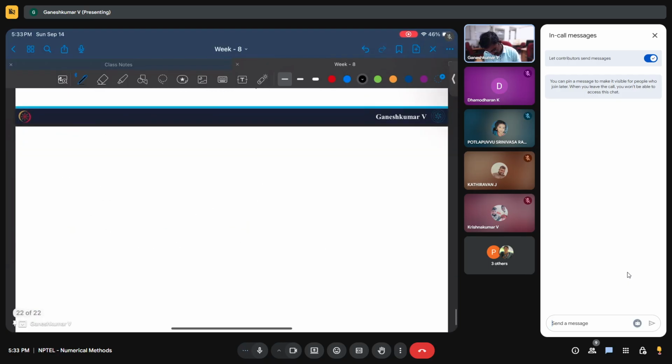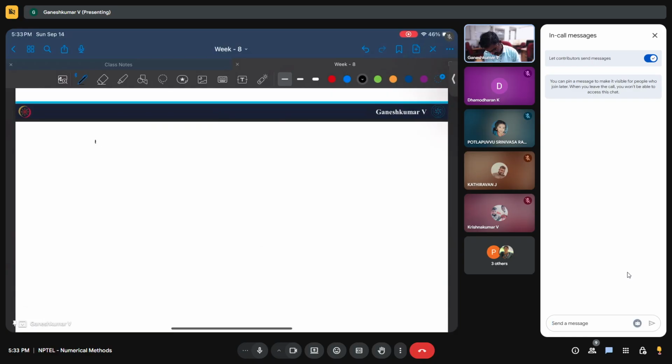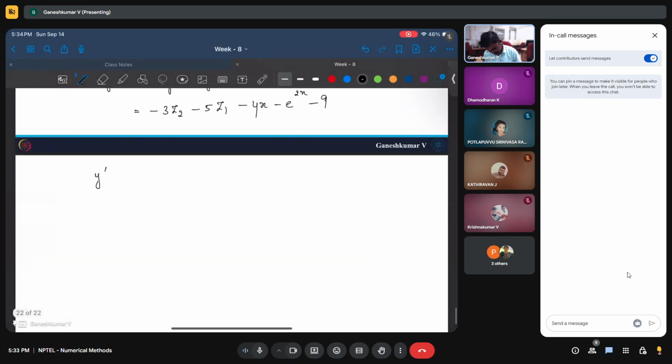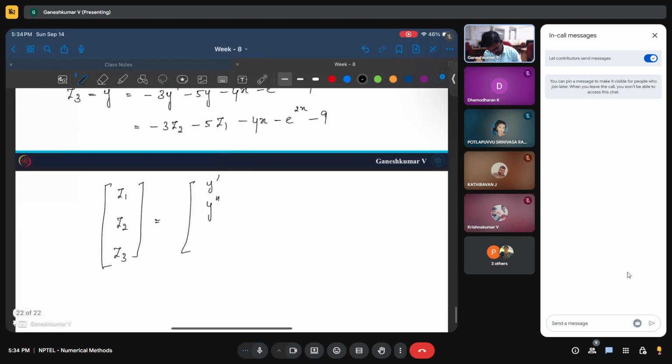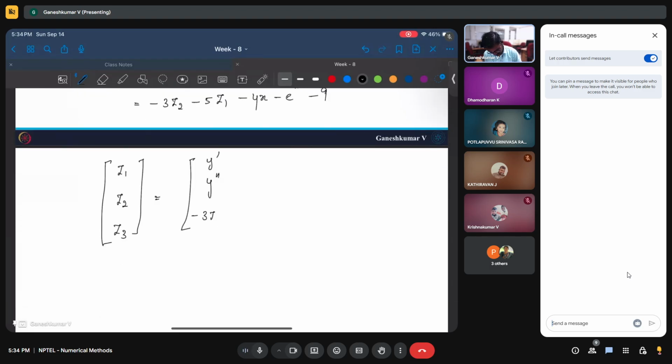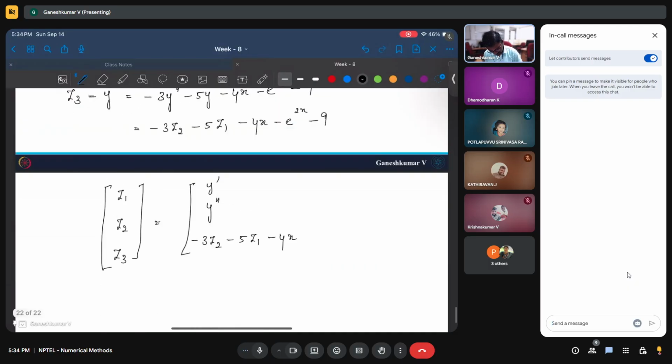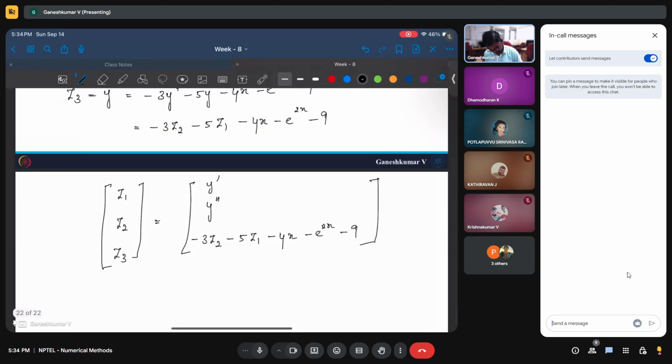So this is what we need to evaluate. We can write z1, z2, z3 as a vector, which is equal to y dash, y double dash, and minus 3z3 minus 5z2, minus 4x minus e power 2x minus 9.